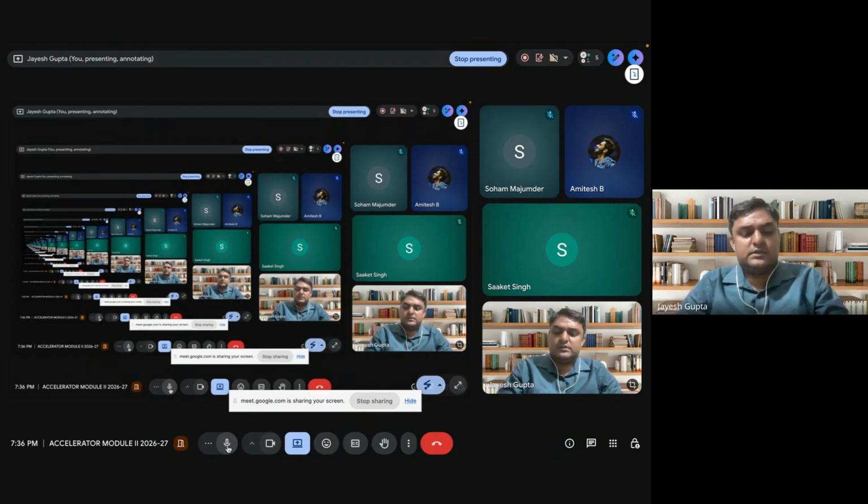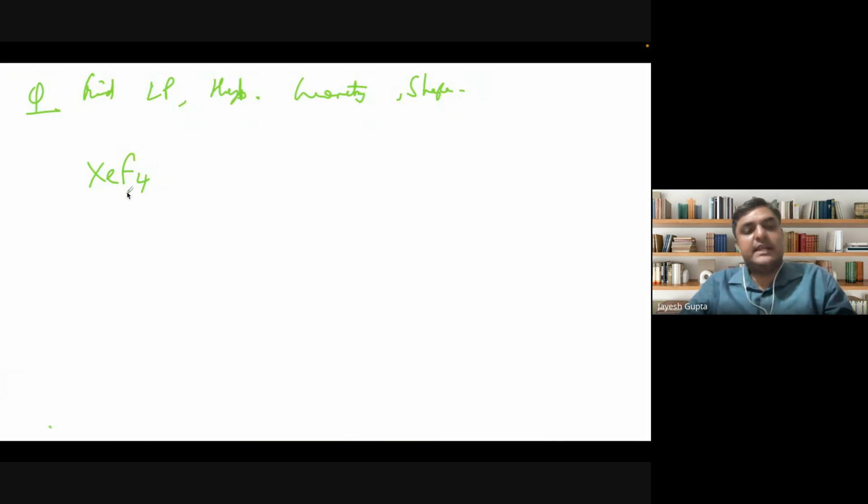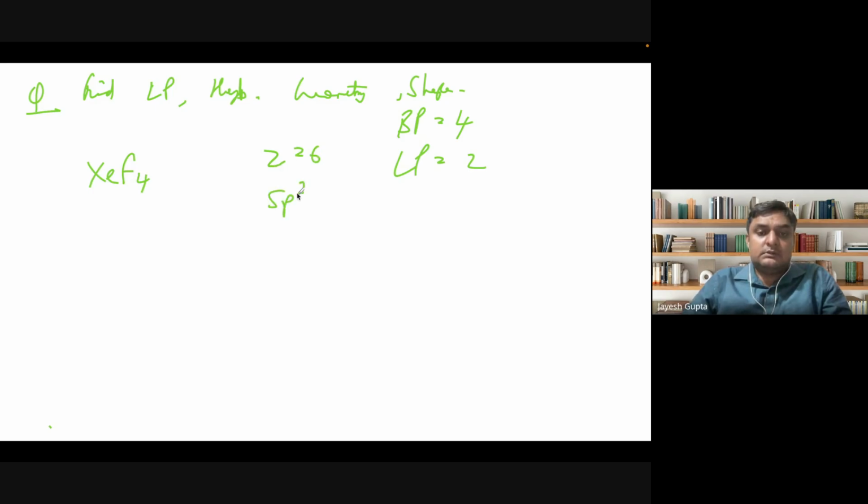Very good. Okay, so let me tell. Here I have told the last one like we have done. Xenon has 8 electrons. 4 electrons are lost in making sigma bonds. So 4 electrons are remaining with no bond. So lone pair will be 2. Bond pair is 4. So Z value is 6, sp3d2.